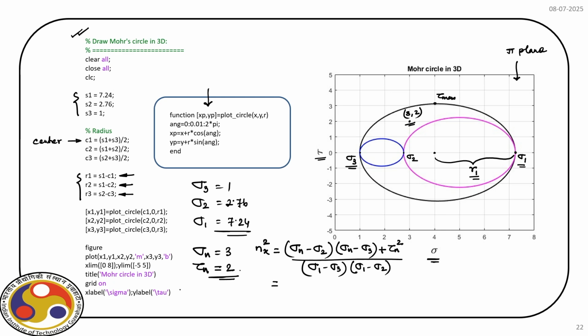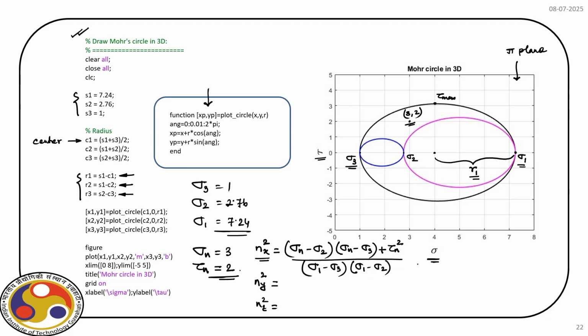So, if you put the values of sigma n, sigma 1, sigma 2, sigma 3 and tau n, we can easily find out this nx, and similarly we can also find out ny and nz.